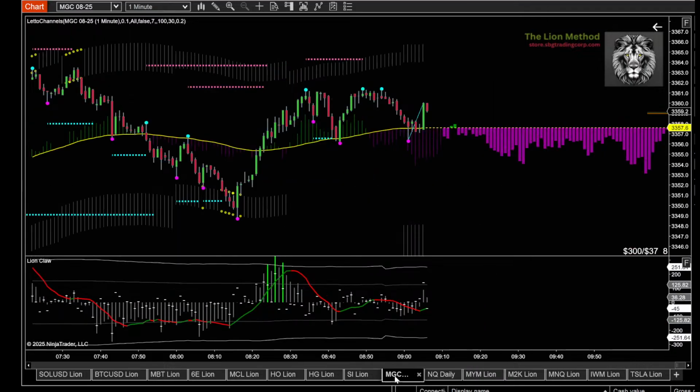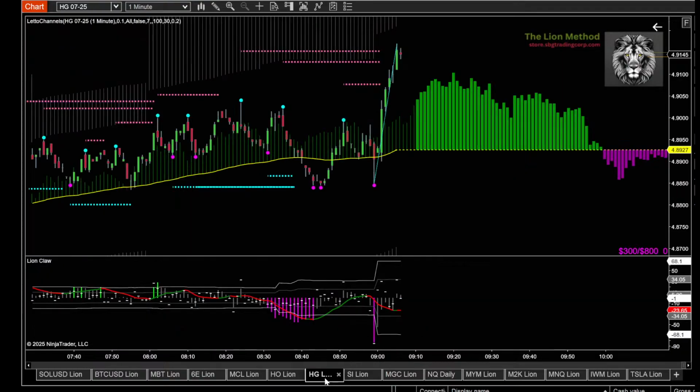Silver's a big contract. We don't want to go in lightly. We want to make sure we follow our system rules.